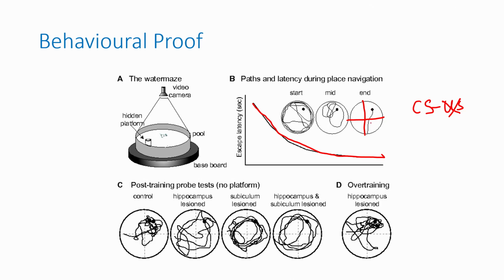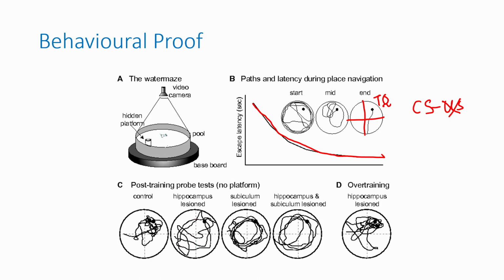In short, when you do this, it turns out that if the animal has learned, it will end up spending a large amount of time in the platform quadrant. It is also called the target quadrant. Now, this behavior depends on the hippocampus. How do you know it? You can lesion it out. If you lesion it out, the mouse searches all around the quadrants.